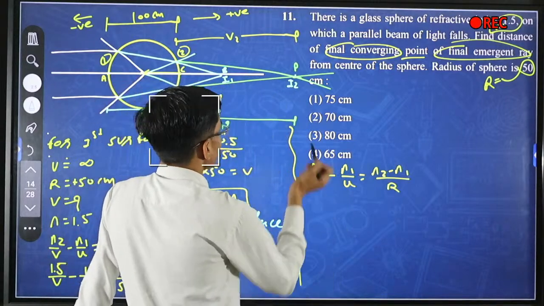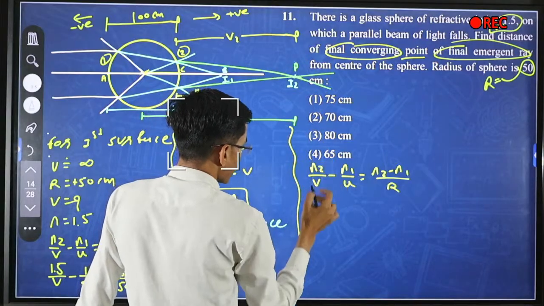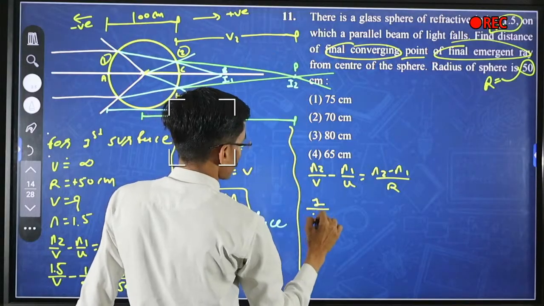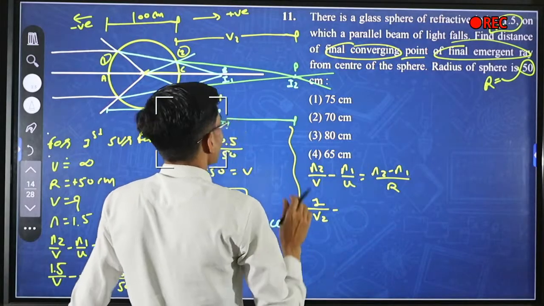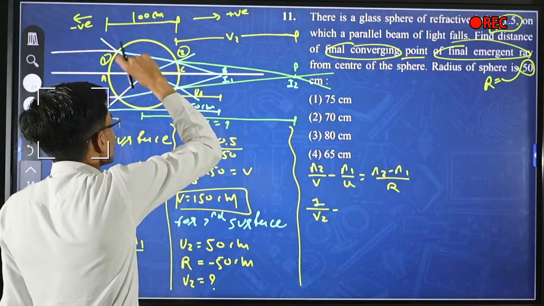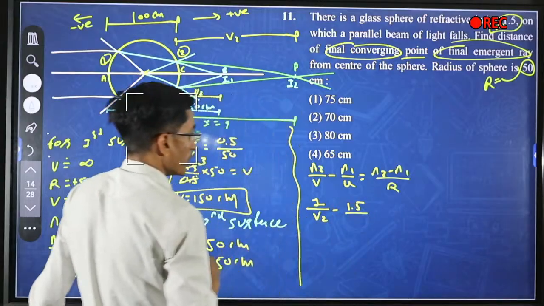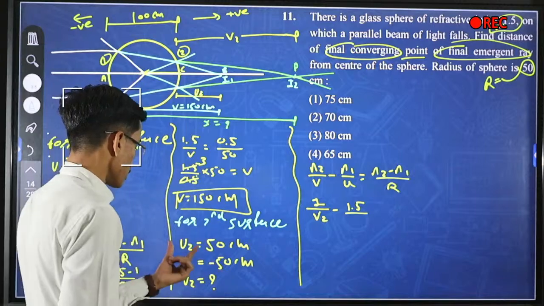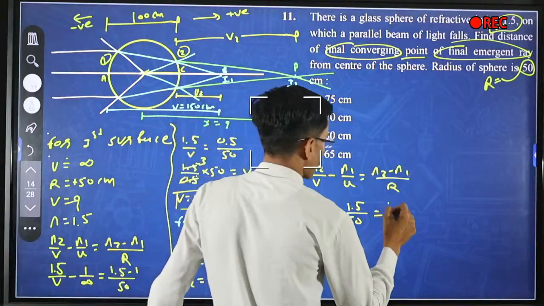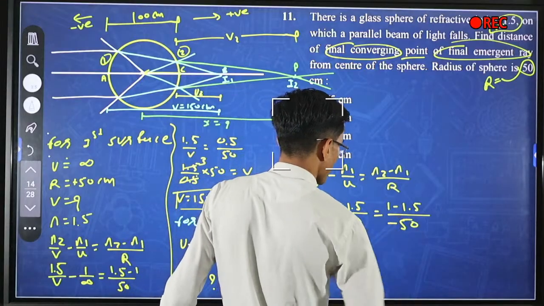The image is forming in the medium of air, so here n2 is 1, and v is v2. For the second refraction, this object is inside the sphere, so the refractive index is 1.5, and the object distance u2 is equal to 50, is equal to n2 minus n1, which is 1 minus 1.5, upon the radius of curvature, minus 50.